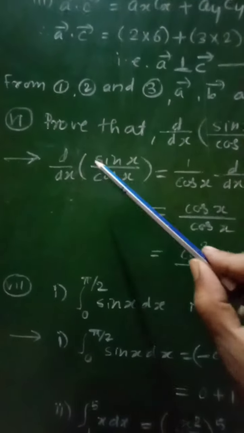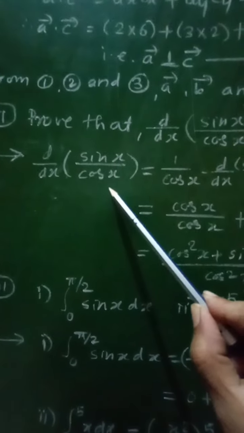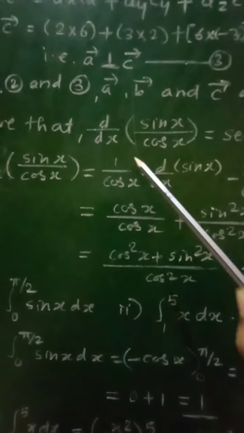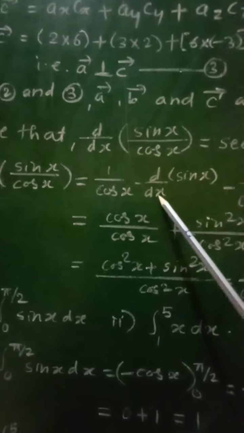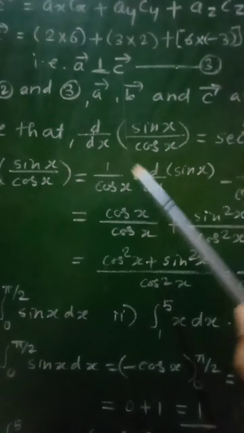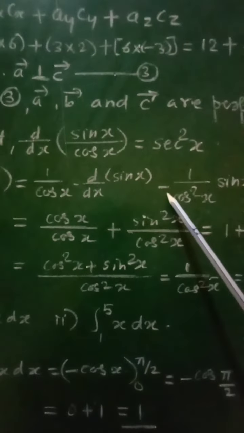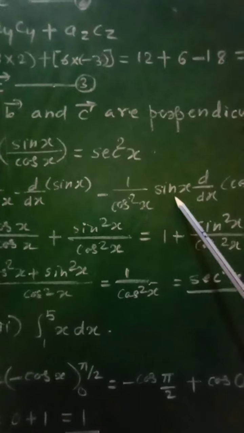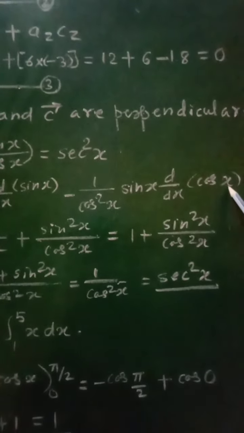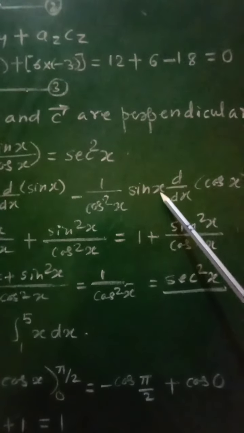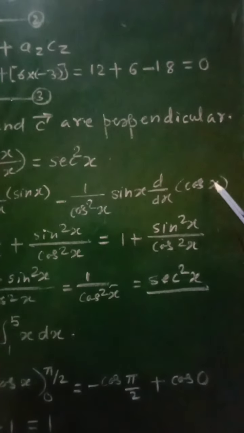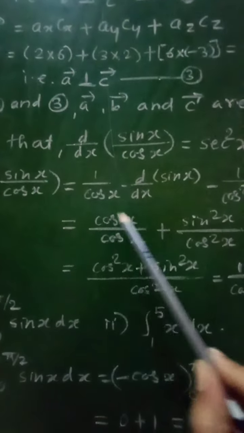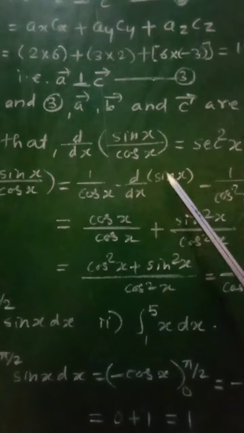Let d by dx of sin x upon cos x be written by using the quotient rule as 1 by cos x into d by dx of sin x, minus 1 by cos square x into sin x into d by dx of cos x, which comes out to be cos x upon cos x, because the derivative of sin x is cos x.